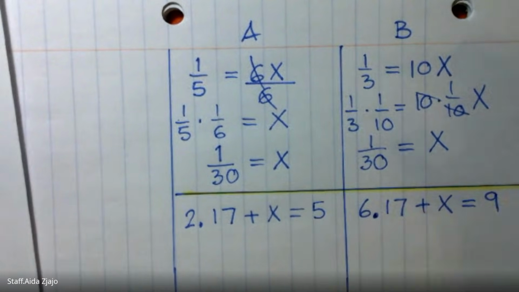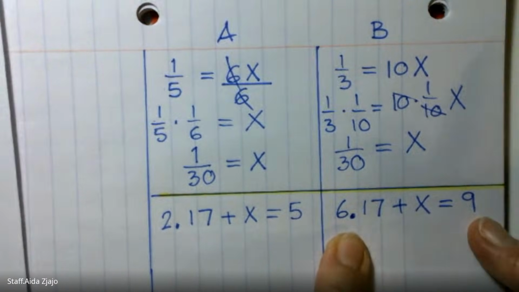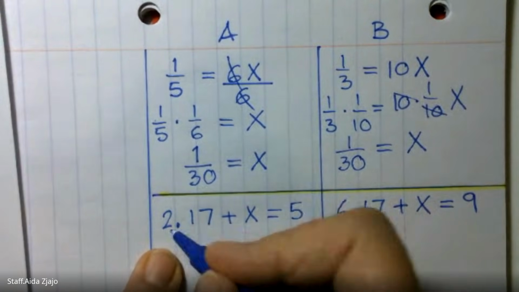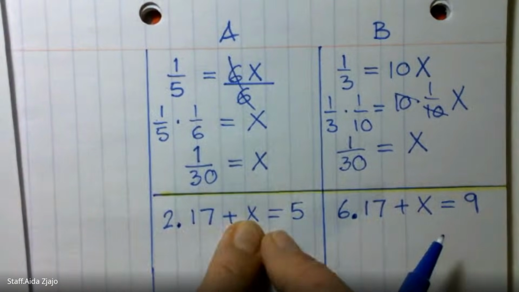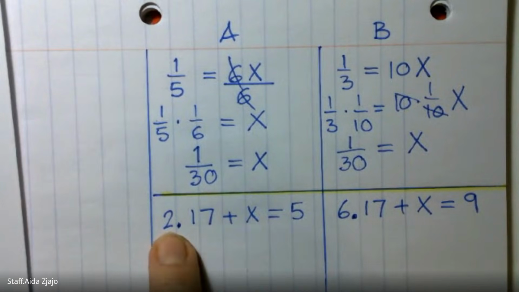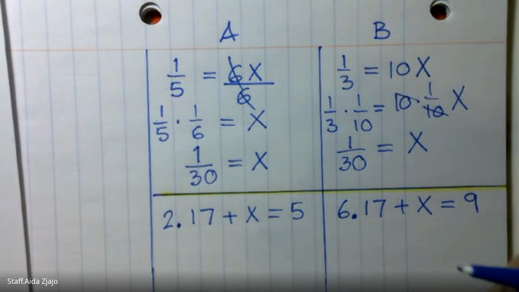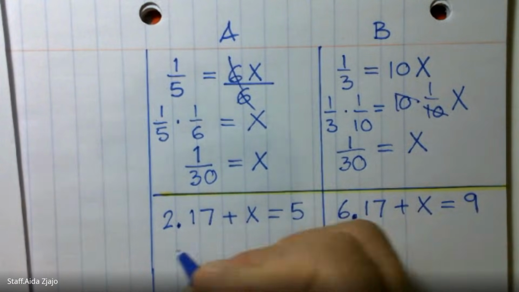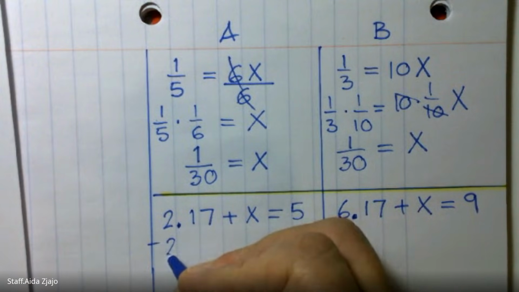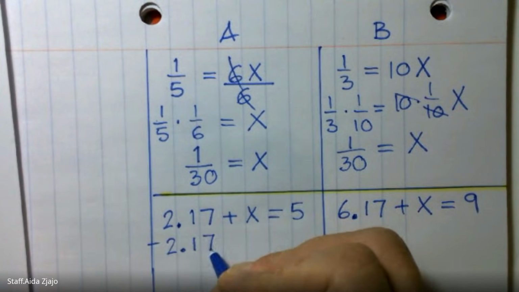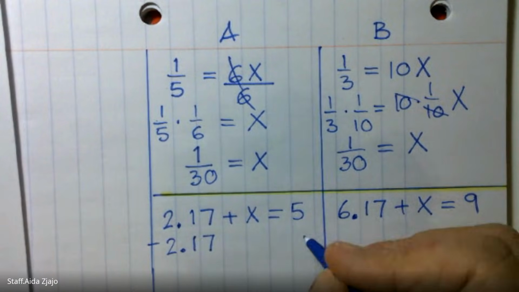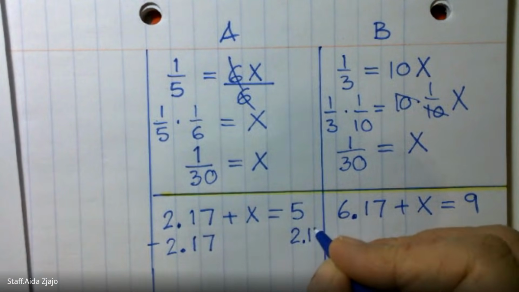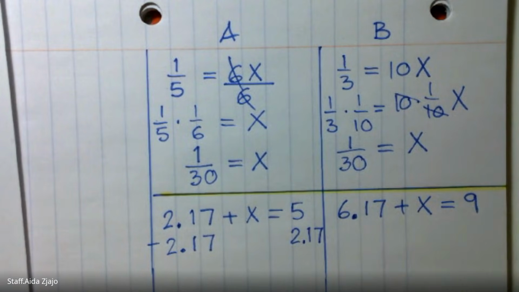So you can think, well, what number plus this is going to get me 9? And also what number plus this will give me 5. So that's another way to see what it is. Or we're going to follow the rules: minus 2 and 17 on both sides.